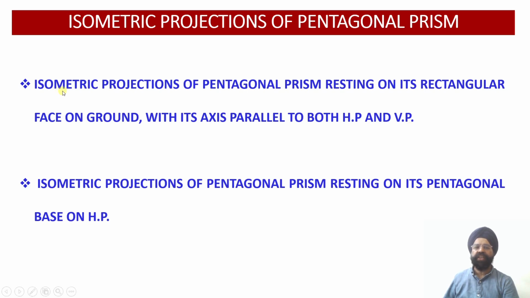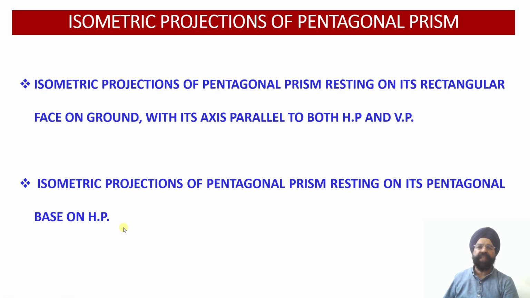In the first orientation, we are going to construct the isometric projections of a pentagonal prism which is resting on its rectangular face onto the ground with its axis parallel to both HP and VP. Whereas in the second case, we will be drawing the isometric projections of the pentagonal prism which is resting on its pentagonal base onto the horizontal plane, and the axis of the prism will be perpendicular to the horizontal plane.